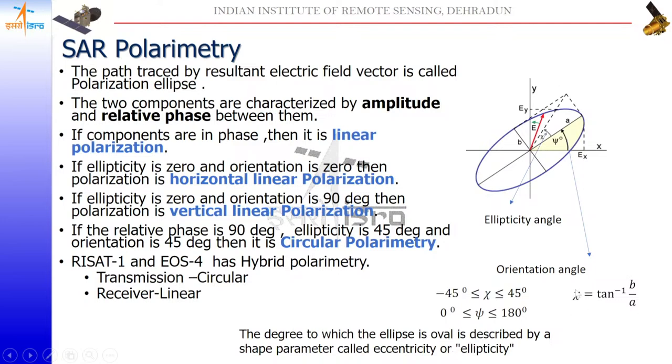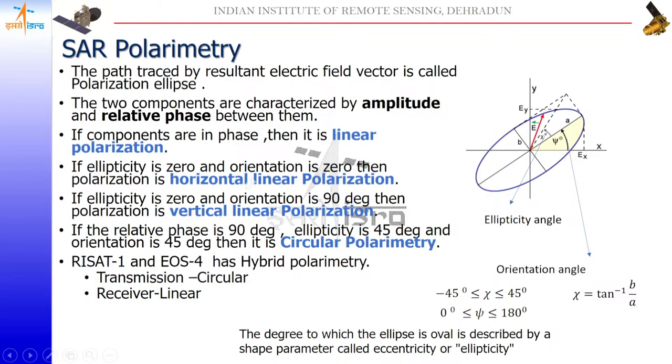This angle we can calculate through the formula tan inverse of b by a, where b is the semi-minor axis and a is the semi-major axis. So these are the two angles. The orientation angle varies from 0 to 180 degrees, and the ellipticity angle varies from minus 45 to 45 degrees.